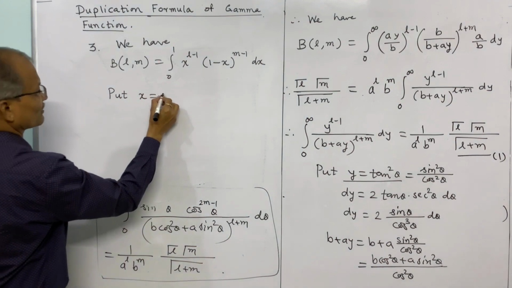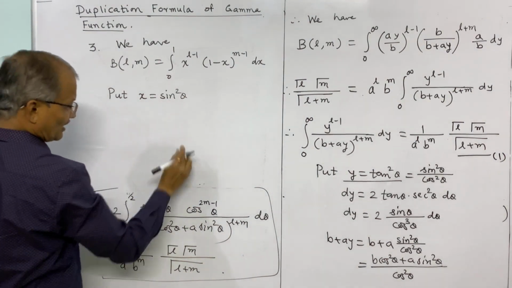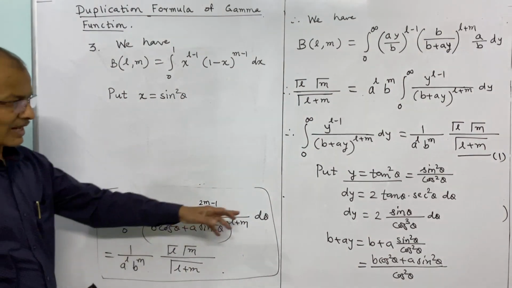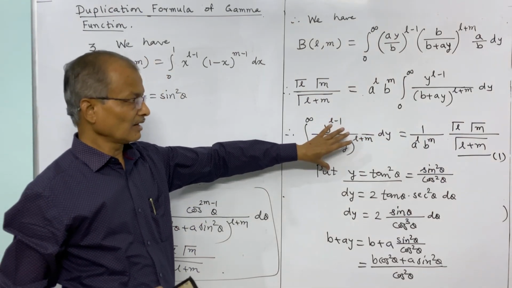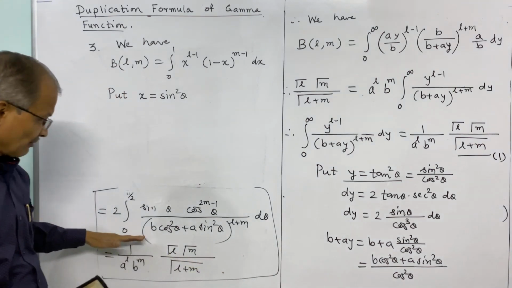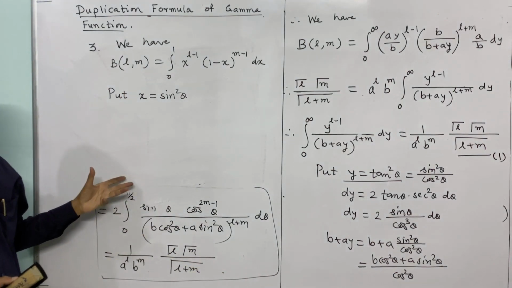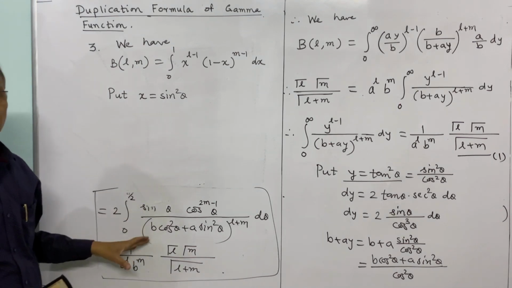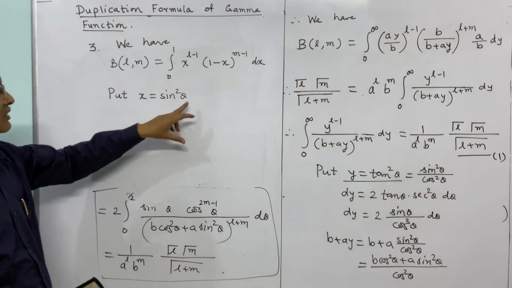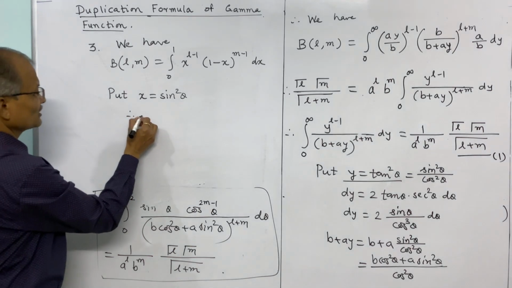x is equal to sine square theta, and earlier we put y is equal to tan square theta, but the integral was differently written, and now we have this type of result. Different types of transformation, different types of results we are obtaining using different substitutions. And x is equal to sine square theta. What are the corresponding changes?